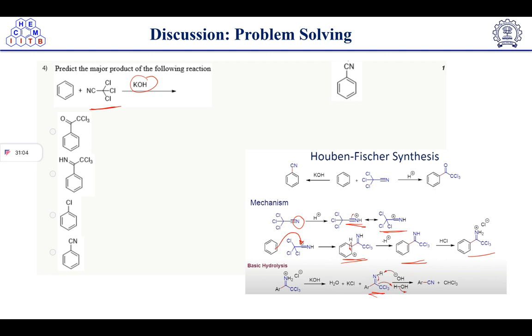The base will abstract the proton from here, and the aromatic lone pair will push electrons here and the CCl group is knocked out. So this is the hydrolysis, and it will give you the aromatic nitrile group along with the chloroform byproduct. So the reaction is known as the Houben-Hoesch synthesis.